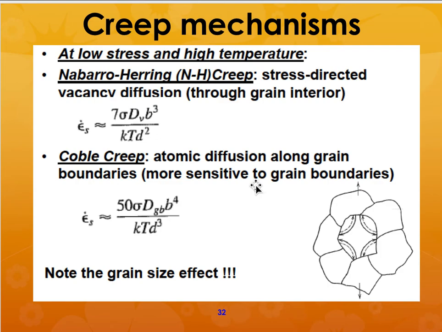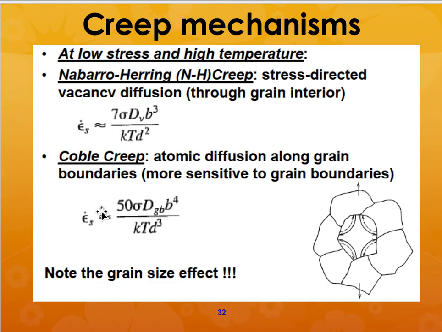At high stress and high temperatures, you have the Coble creep taking place, and the smaller the grain size, the higher the sensitivity of the creep rate.